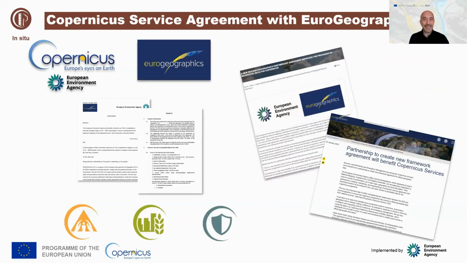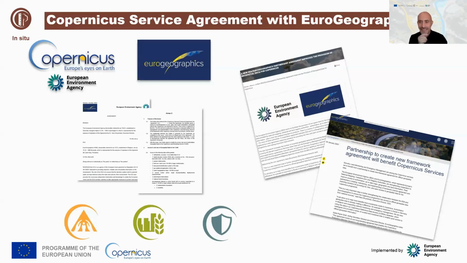This work with CORDA is pretty much enhanced thanks to a service agreement that we signed with EuroGeographics, representing the European National Mapping, Cadastral and Land Registration agencies in Europe. We had a first step in 2017 for the Copernicus Emergency Service, but then we opened it up in 2022 for all three services.